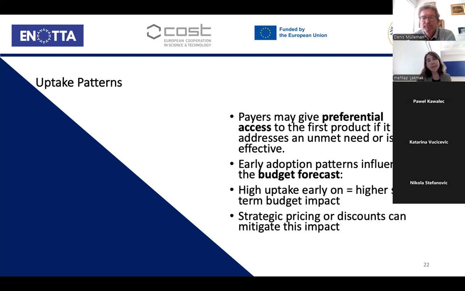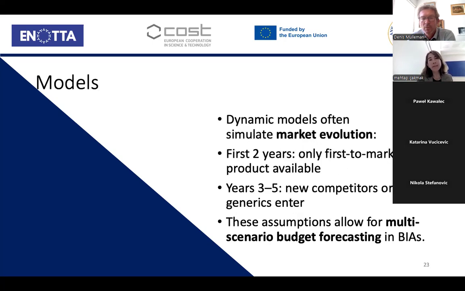Early adoption patterns influence the budget forecast, especially high uptake early on, a higher short-term budget impact, or strategic pricing or discounts can mitigate this impact. And there are some static or dynamic models, especially taking into consideration the characteristic of the population.